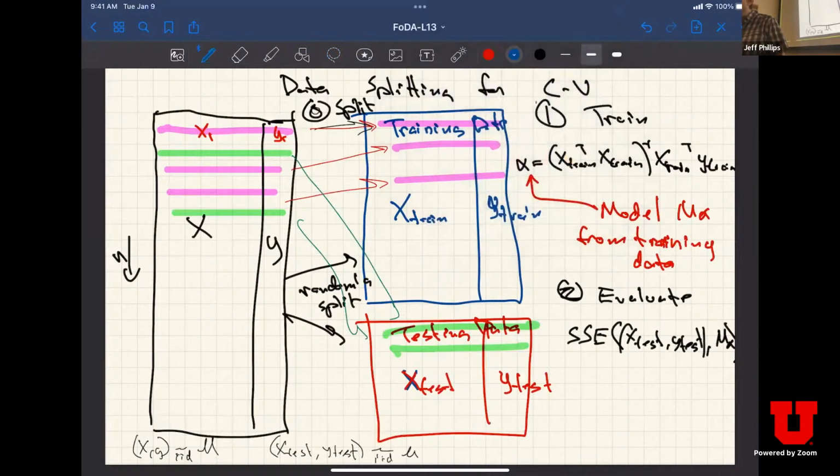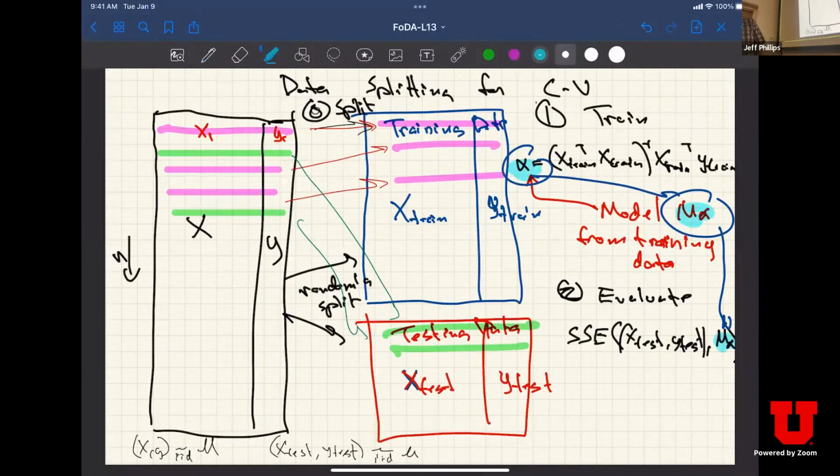So I'm going to take this M alpha, and this is going down here. This model is being evaluated against the testing data.